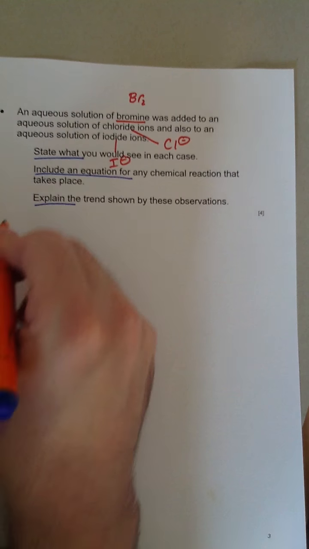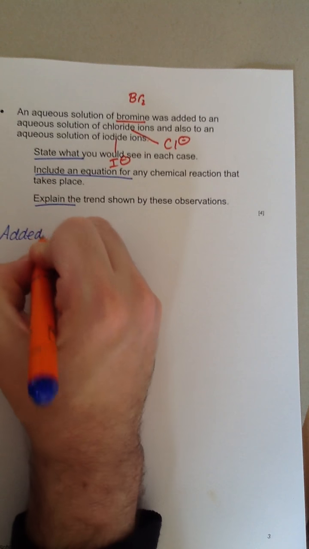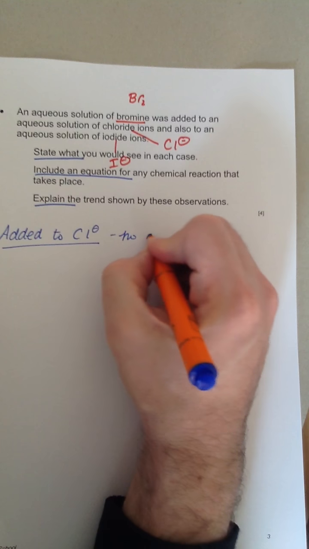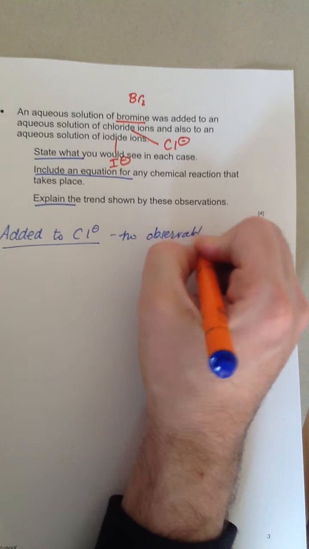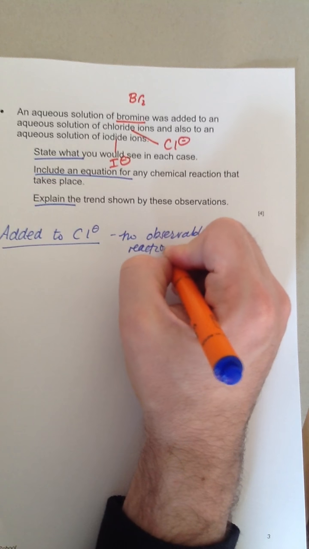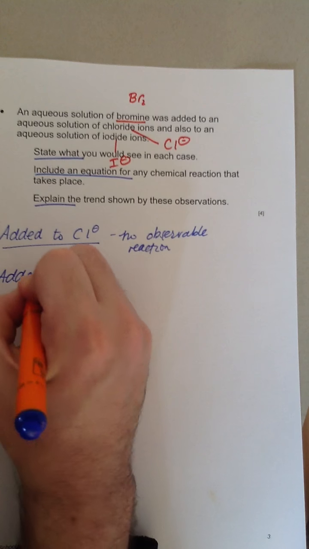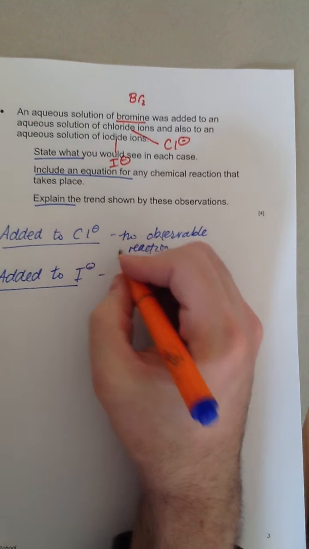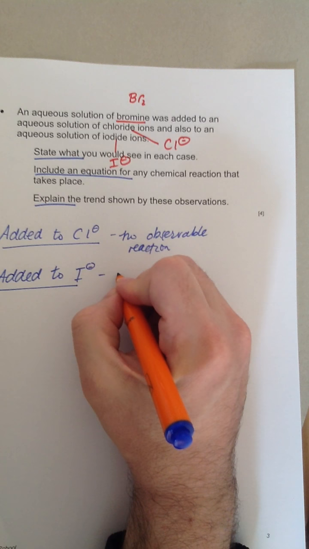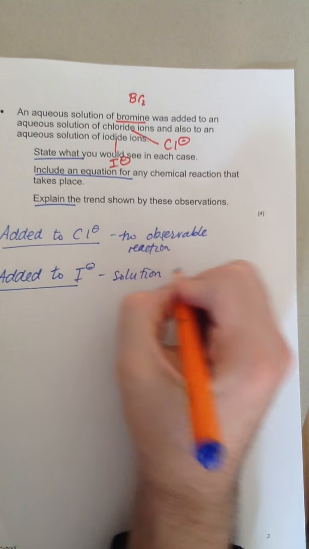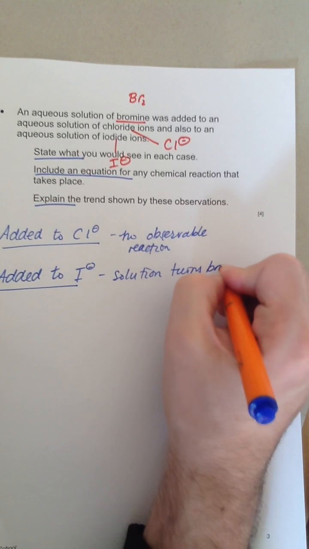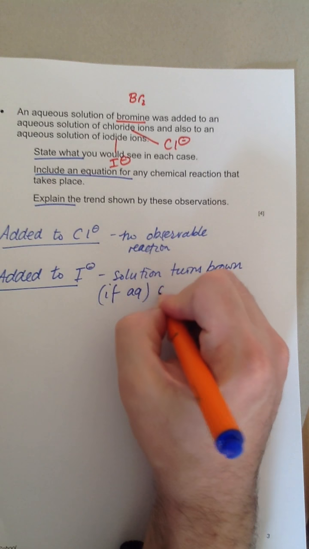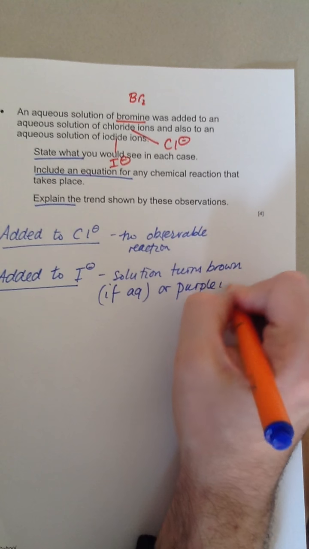So if we added the Br2 to chloride ions, there is no observable reaction, nothing happens. But if we added the bromine, the Br2 in solution, to iodide ions, what we see is you would get a brown solution if it was water, if aqueous, or purple if it was an organic solvent.